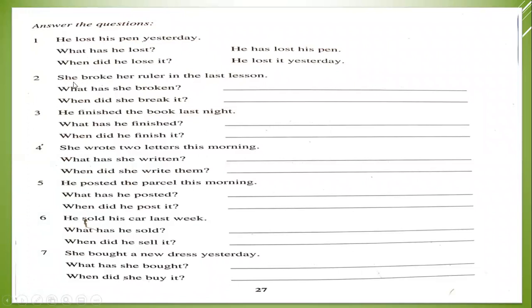Number two, she broke her ruler in the last lesson. Okay, remember this: broke, ruler, when, in the last lesson. What has she broken? She has broken her ruler. When did she break it?